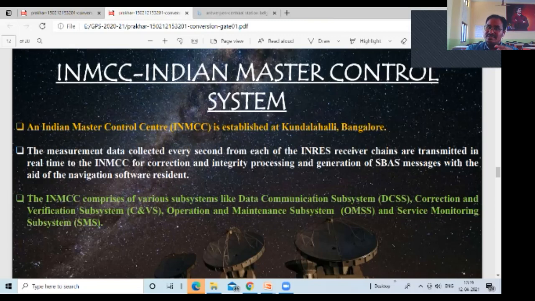Whether the data received is accurate or not, is it erroneous or not, that will be taken care of by the correction and verification subsystem. And the fourth one is the operation and maintenance subsystem. The entire process, how it is operating and how it is to be maintained, that is by the OMSS. And finally, the service monitoring subsystem. So for the perfect working of these subparts, service monitoring is to be provided.